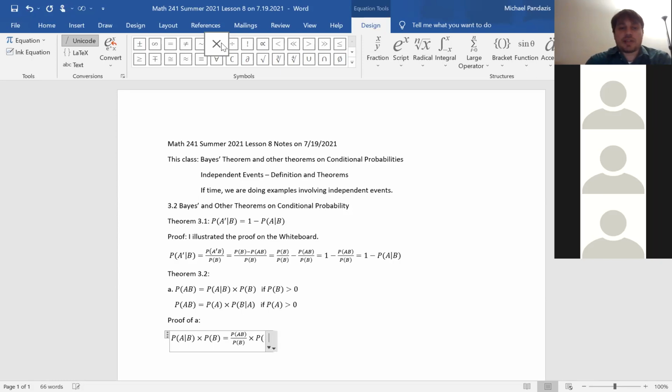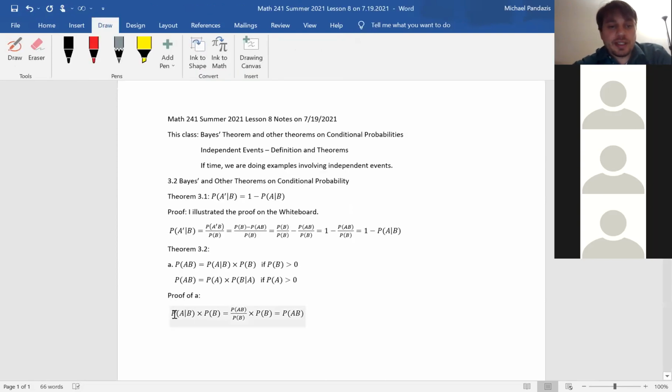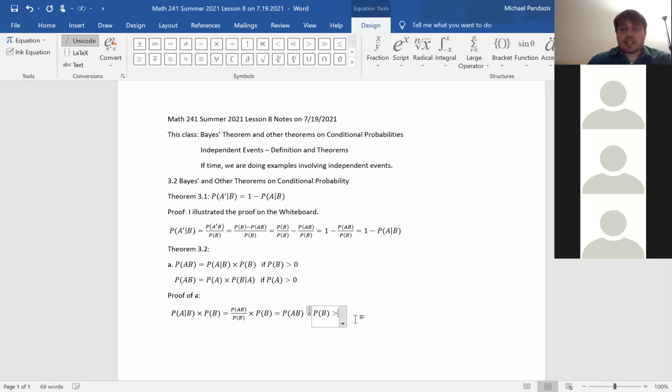And now times that by P of B. The P of B's cancel and you get P of AB. See that? This is just by the definition of conditional probability. And then you keep that the same, and the P of B's cancel and you get that, right? And this is if P of B is positive, since the proof needs a non-zero number in the denominator.